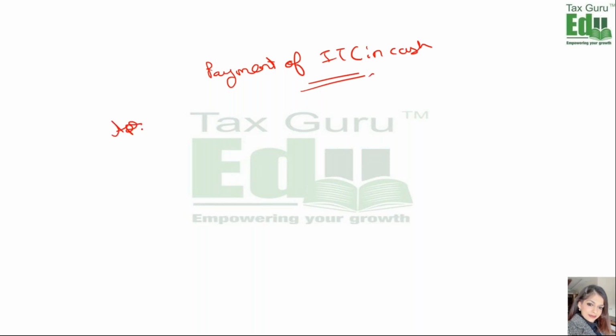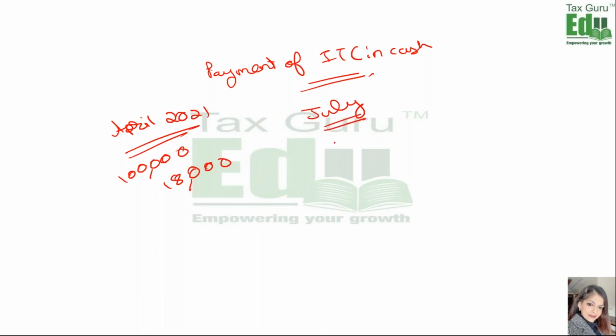Yes, so let's suppose in April 2021, I had made a purchase of 1 lakh rupees and there was 18,000 ITC on that. And in July, I am going onto the nil rated sales and I have stock out of this lying with me, 50,000. 50,000 stock is still lying with me.